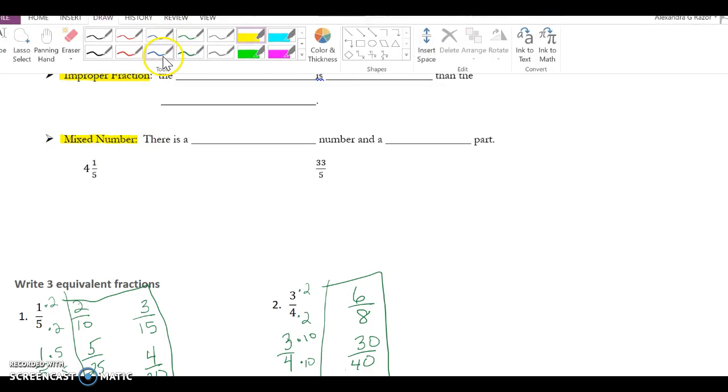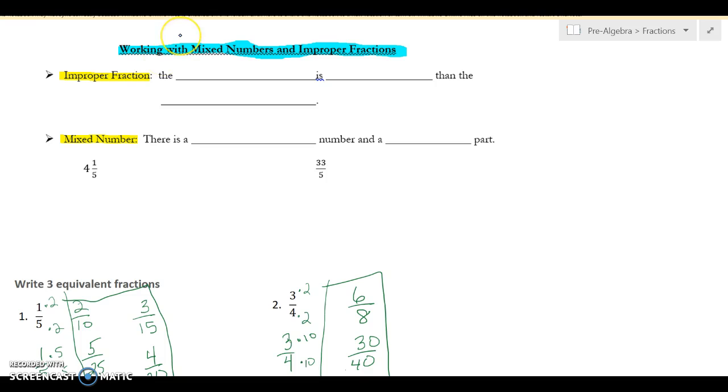Okay, so an improper fraction is when the numerator is larger than the denominator. Some examples might be 10 over 3, 22 over 4.